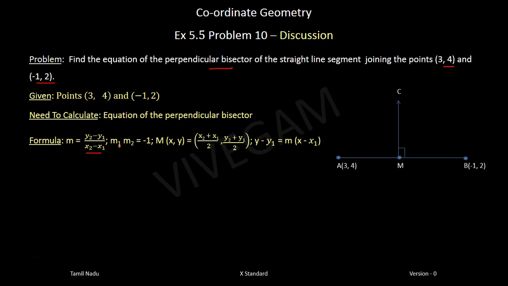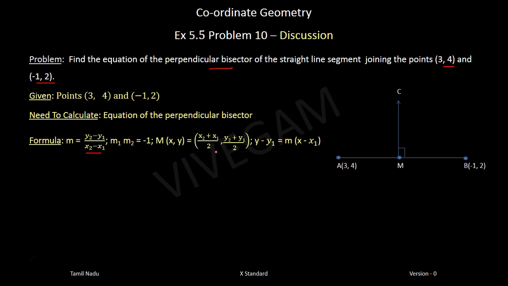Then, using this formula, m1 m2 equal to minus 1. That is, when two lines are perpendicular to each other, their product of slopes equals minus 1. So using that, you can calculate the slope of CM. You know the slope of AB which we calculated here. Let's say that's m1. So m1 into m2 equals minus 1, or m2 will be equal to minus 1 by m1. This way we'll be able to calculate the slope of CM.